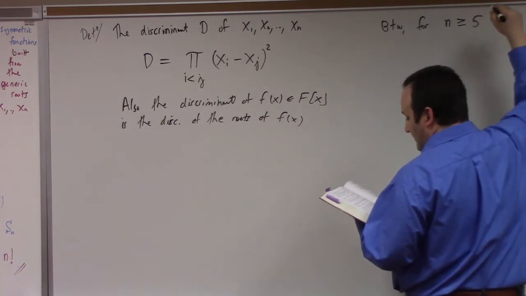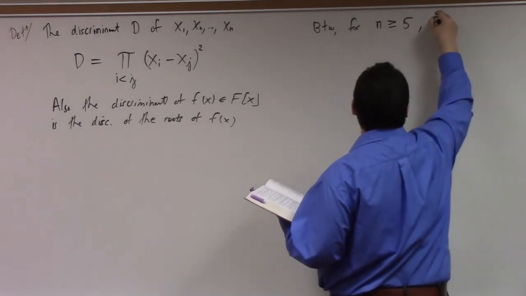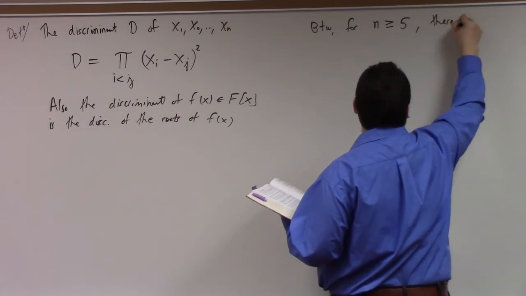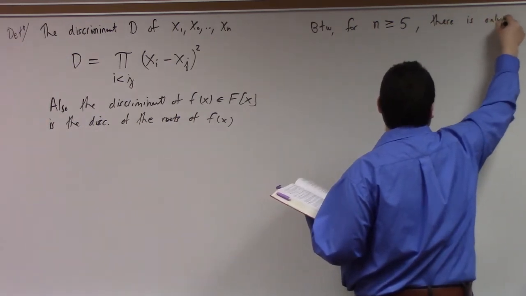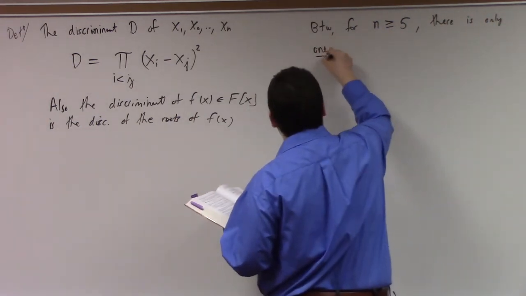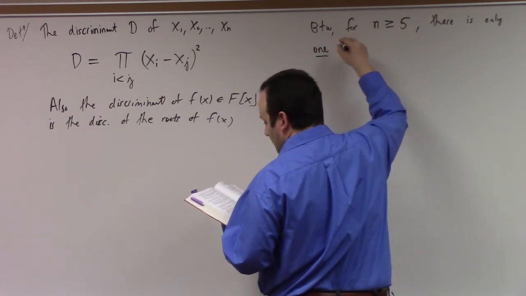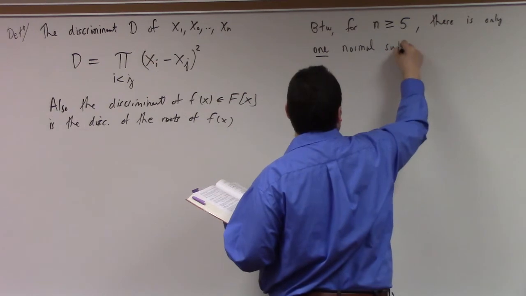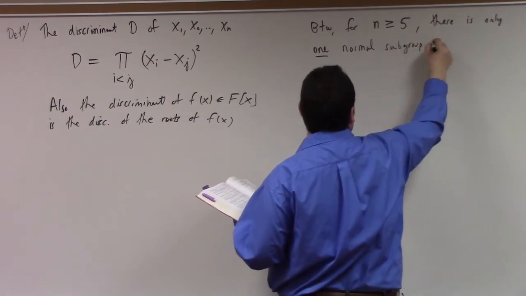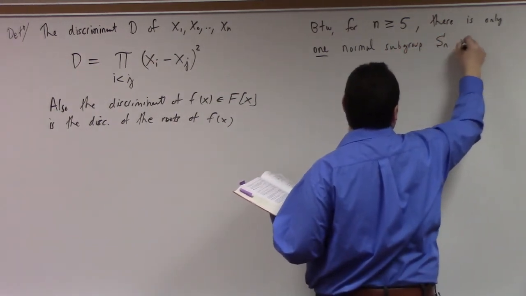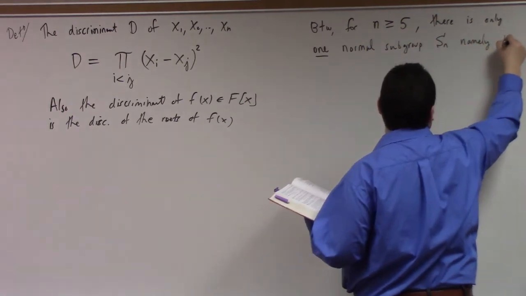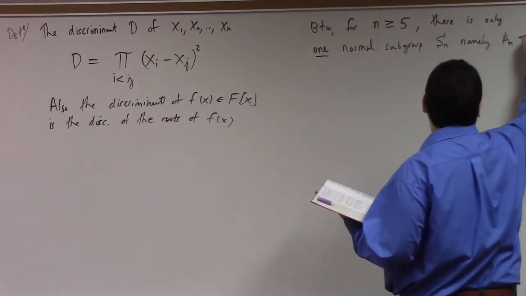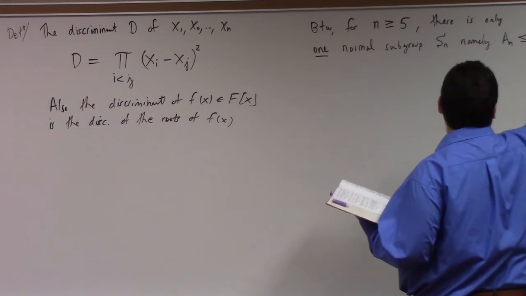So for n greater than or equal to 5, there is only one normal subgroup. What is it? What's the only normal subgroup of Sn? Yeah, An. An is a normal subgroup of Sn because it has index 2, among other things, right?